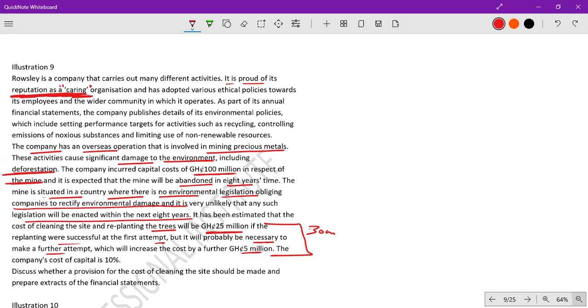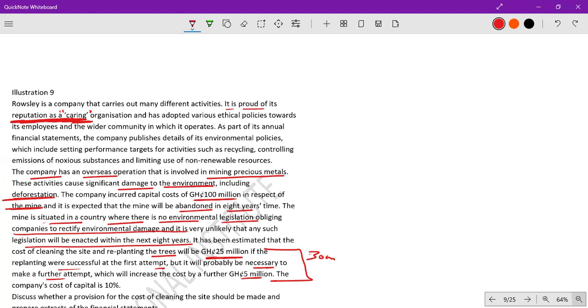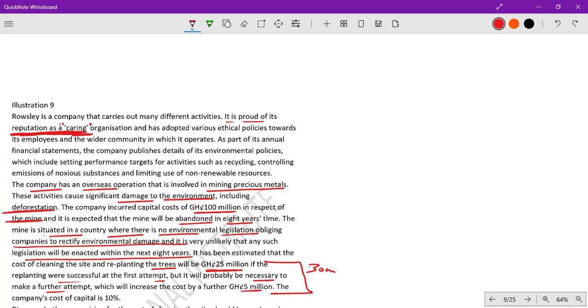In 8 years' time, and the cost of capital is 10%. So, just as we do under this, we will say that the cost will be 100 million. Then what will be the provision?